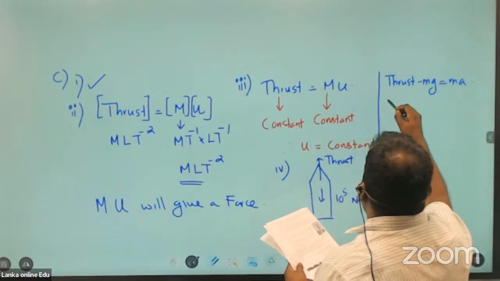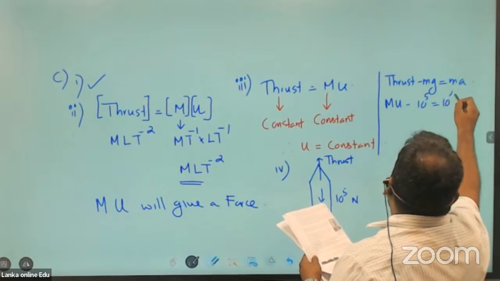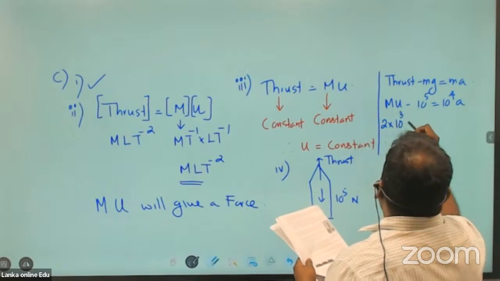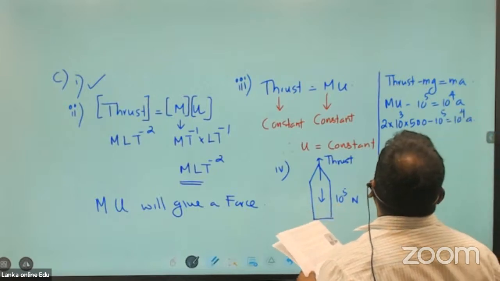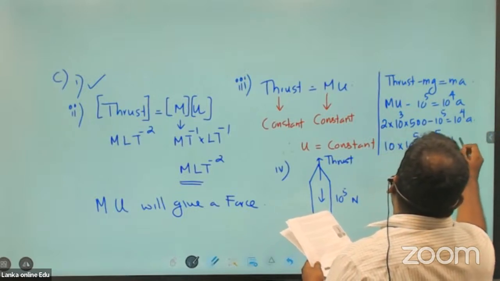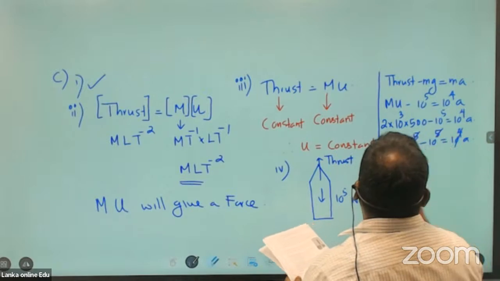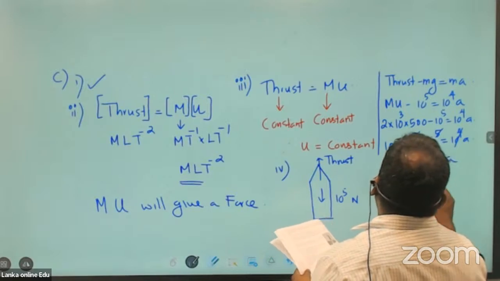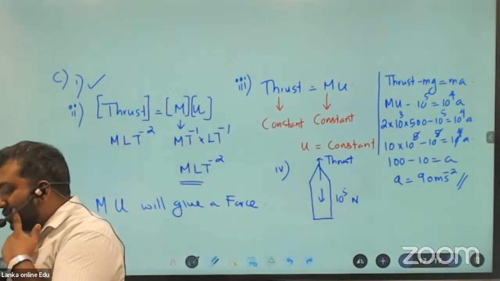Thrust equals rate in which fuel is burned, mu, minus 10 to the power 5, equals 10 to the power 4 times a. 2 10 to the power 3 multiplied by 500 is 10 to the power 6, minus 10 to the power 5 equals 10 to the power 4 a. 10 to the power 4 cancel off. 100 minus 10 equals a. Acceleration is 90 ms^-2.